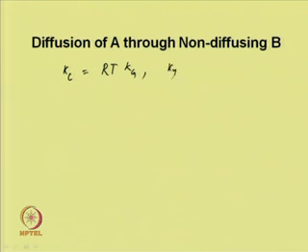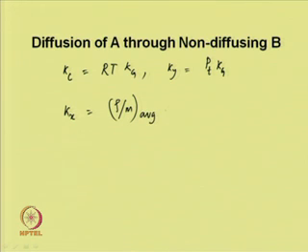Similarly, Ky is equal to Pt Kg, and Kx is rho by M average into Kl. These are the relations between the mass transfer coefficients in the gas phase as well as in the liquid phase.